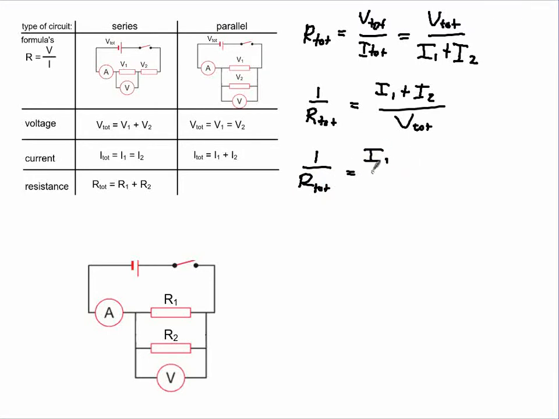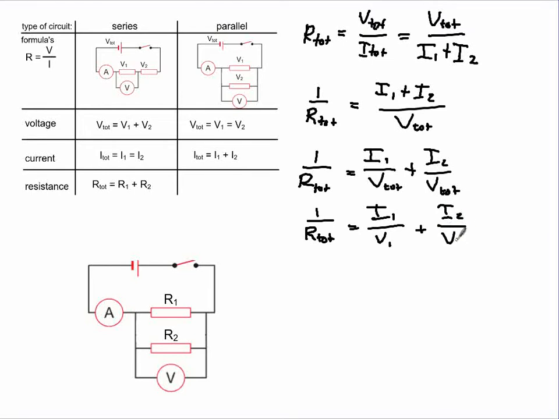So this is written as I1 divided by V total plus I2 divided by V total. What do we know about the total voltage? They're just the same across the two resistors in parallel. So we can fill it in. 1 divided by R total equals I1 divided by V1 plus I2 divided by V2.